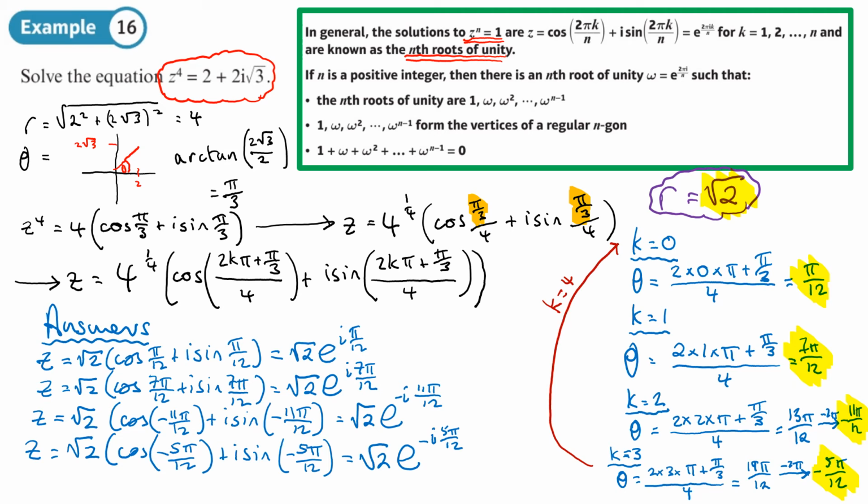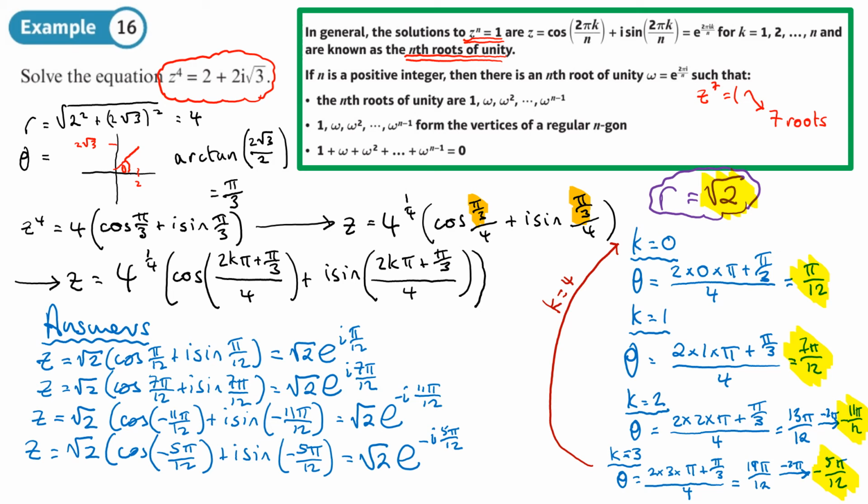And what we found out is that for whatever power of 1, there are that many roots. So if I had z to the power 7 equals 1, I would find that there are 7 roots. And these would be called the 7 roots of unity.